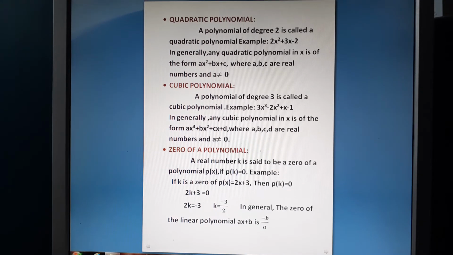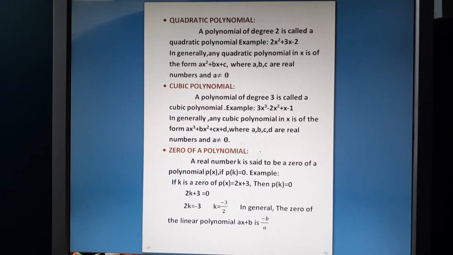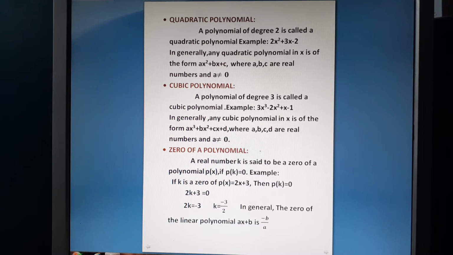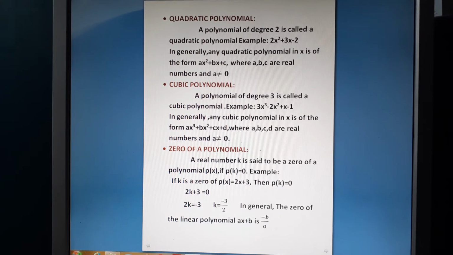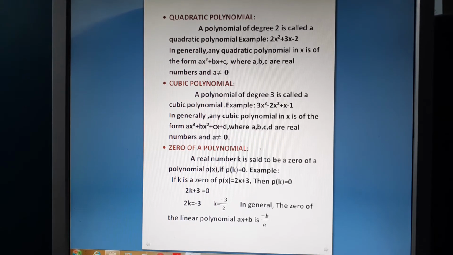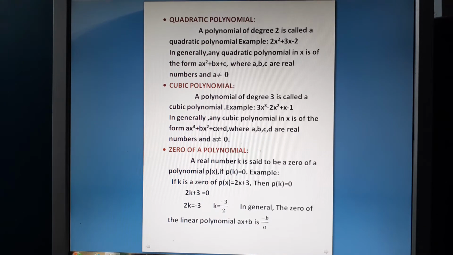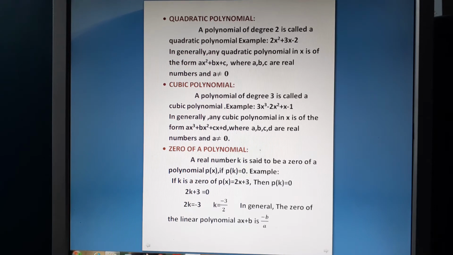Cubic polynomial. A polynomial of degree 3 is called a cubic polynomial. Example: 3x cube minus 2x square plus x minus 1. Here the coefficient of x cube is 3, the coefficient of x square is minus 2, the coefficient of x is 1.